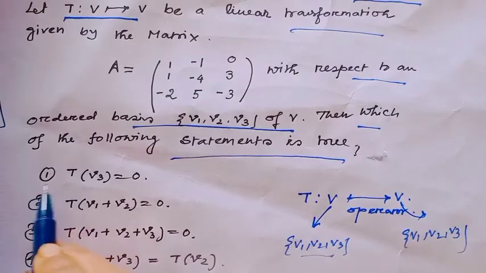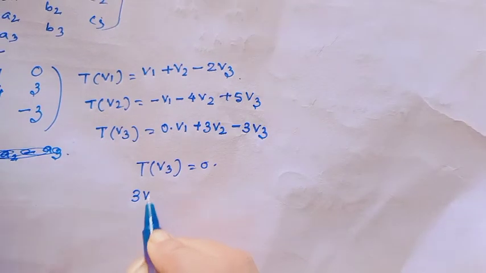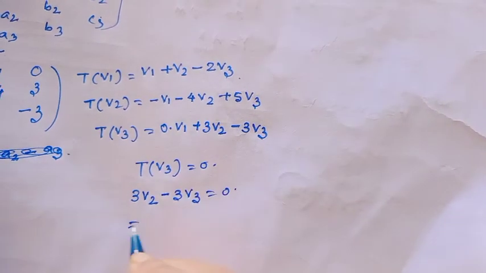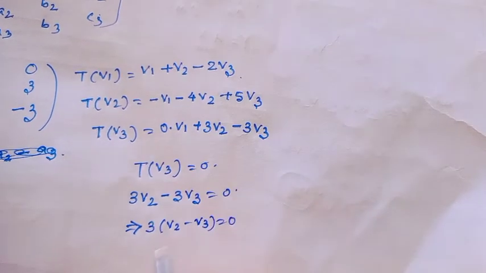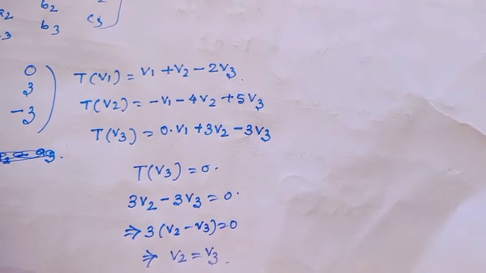First option, T(v3) equals 0. T(v3) equal to 0 means 3v2 minus 3v3 equals 0. That implies 3 times (v2 minus v3) equals 0, and that implies v2 equals v3.